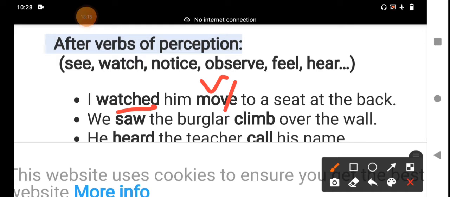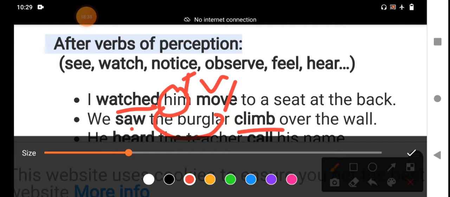See: we saw the burglar climb over the wall. That means to climb. In between, the object is there. Here the noun is there. This verb takes bare infinitive, climb. B is silent.